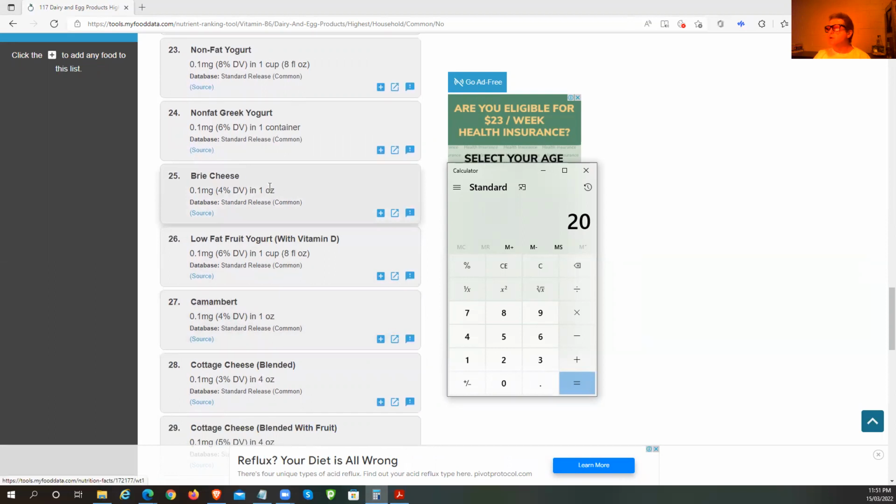My favorite, brie, about 4% in an ounce.